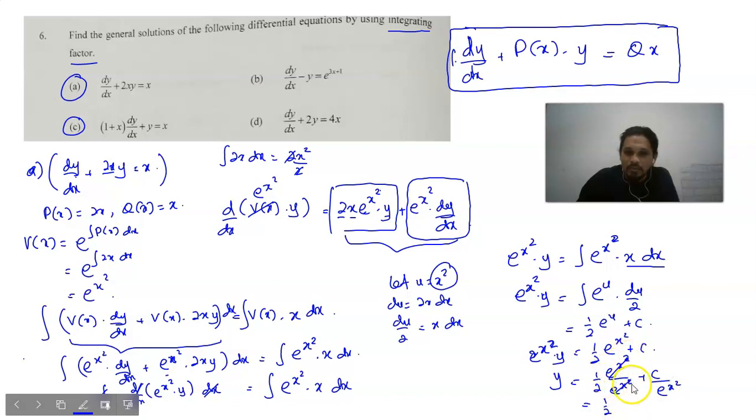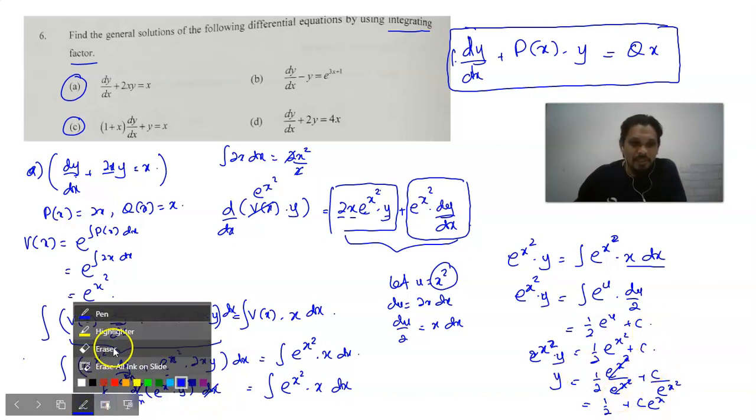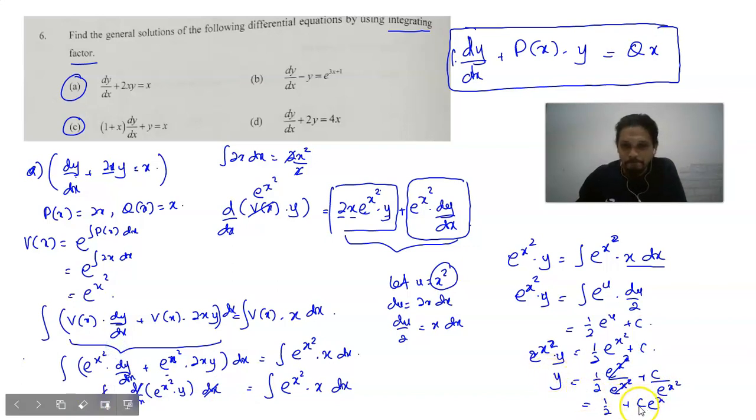Clear this with itself, equal to a half, plus c e to the power of negative x squared. This is 1 over 2 plus c e to the power of negative x squared.